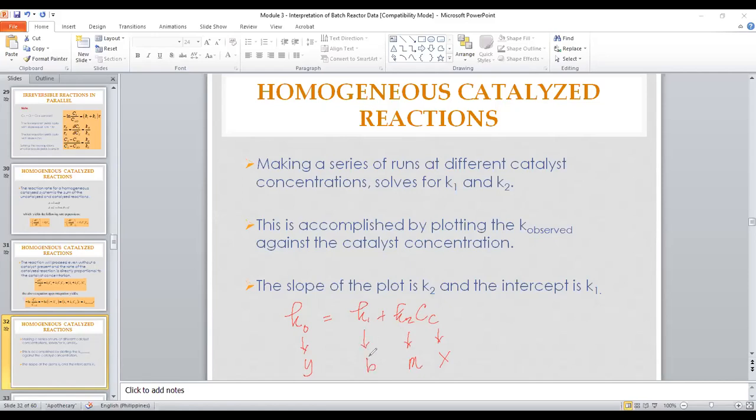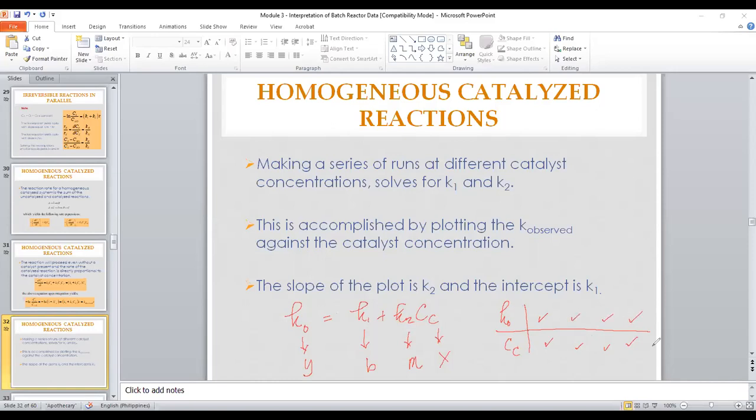So you are going to plot what? You're going to plot your given rate constant versus the catalyst concentration. The problem for a homogeneous catalyzed reaction will give you the K observed, or simply the K for that matter, the rate constant for that particular reaction, and the different catalyst concentrations that were used, with the corresponding rate constants of your reaction.